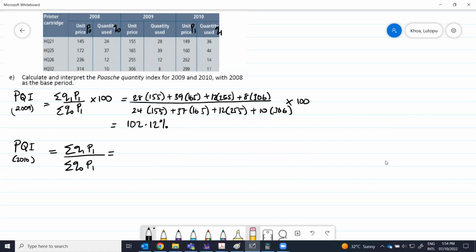Okay, so P1, Q1, so we have 36, 149. Q0 times P1.